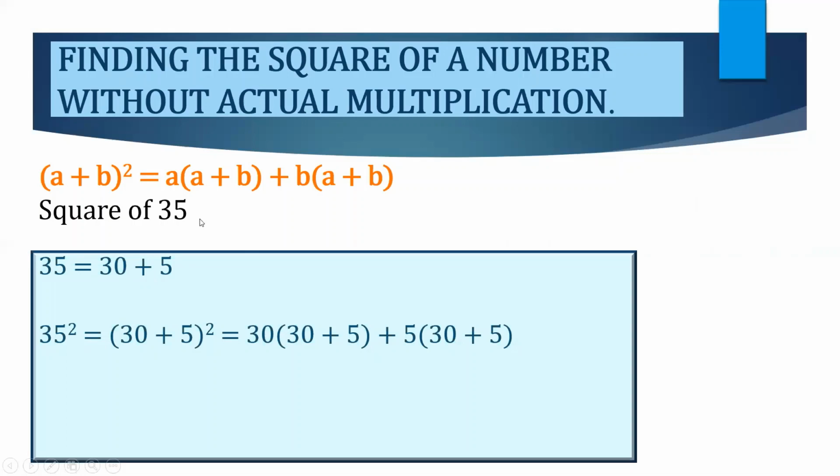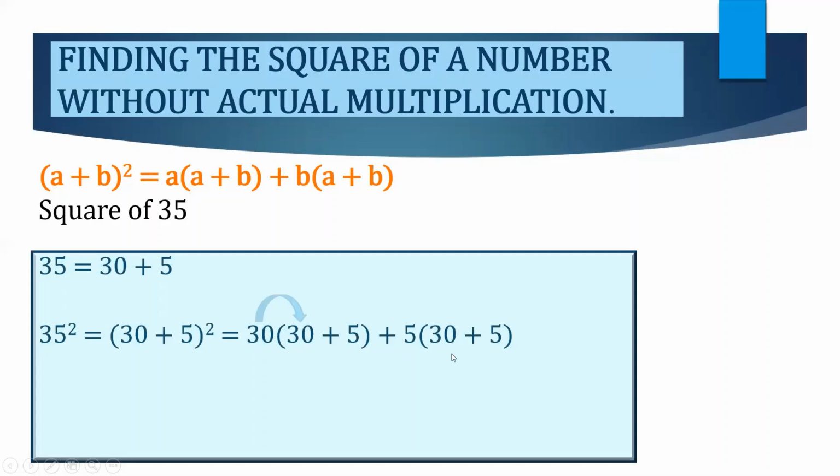So first I'll split 35 as 30 plus 5. Now taking the square on both sides, 35 square is equal to (30 plus 5) whole square. Now remember the multiplication of binomial with binomial. So I'll write 30 into (30 plus 5) plus 5 into (30 plus 5).